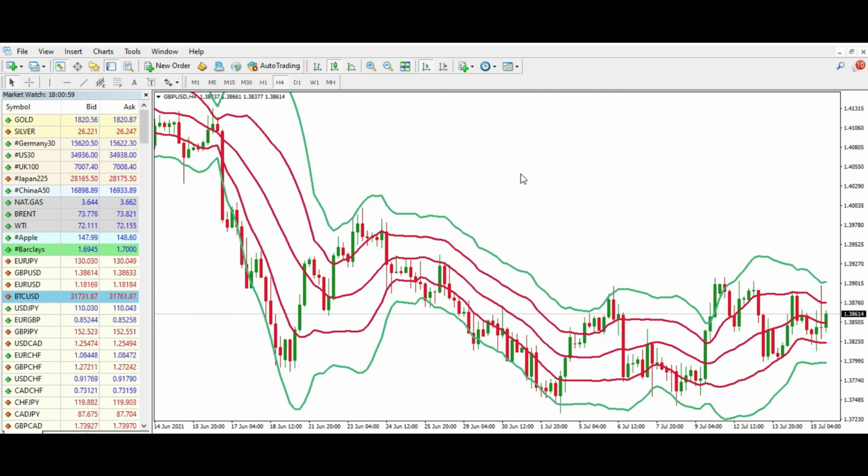And a lot of people use this kind of strategy when they want to define strong and weak bullish and bearish trends.